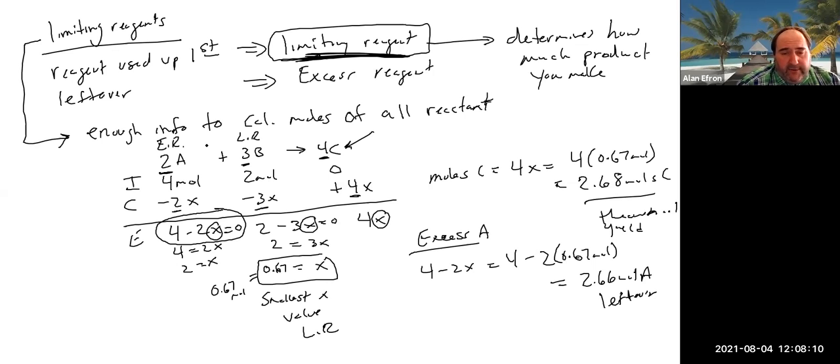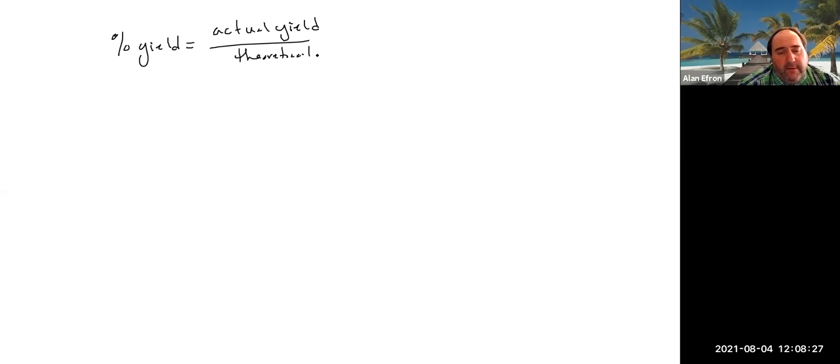We put this together with our theoretical yield and talked about percent yield. And our percent yield is our actual yield divided by our theoretical yield times 100%. Remember that usually in a problem, the actual yield is given to you.